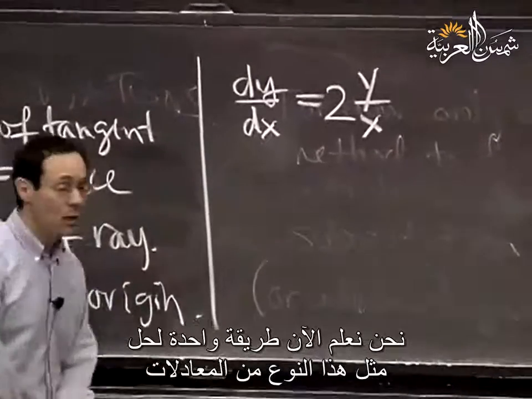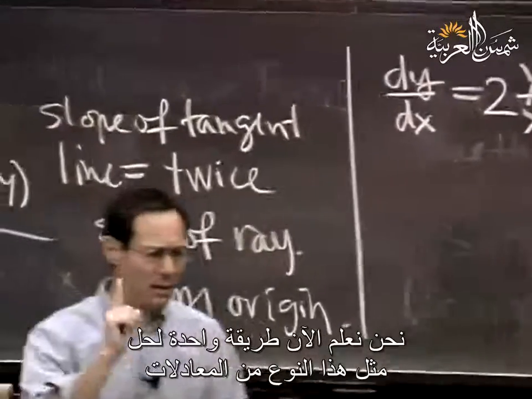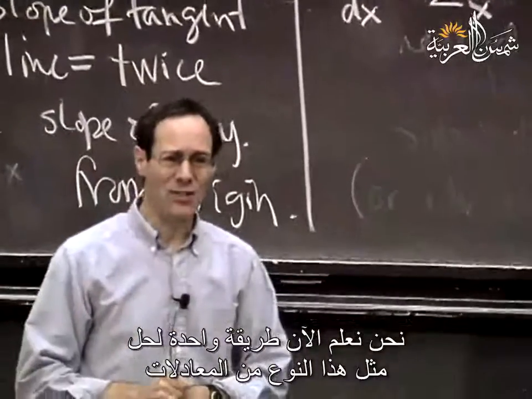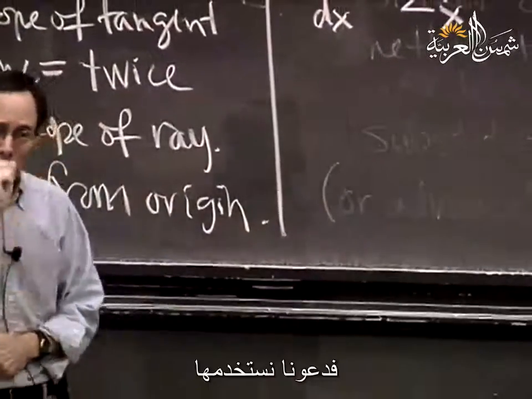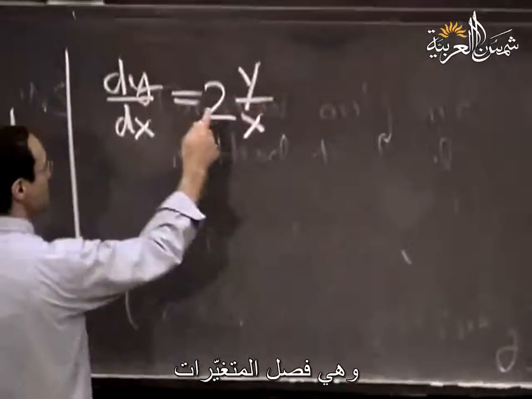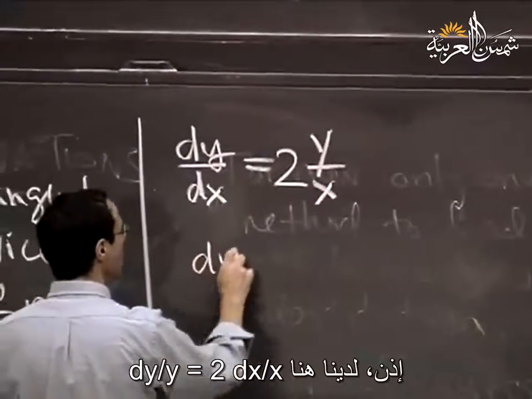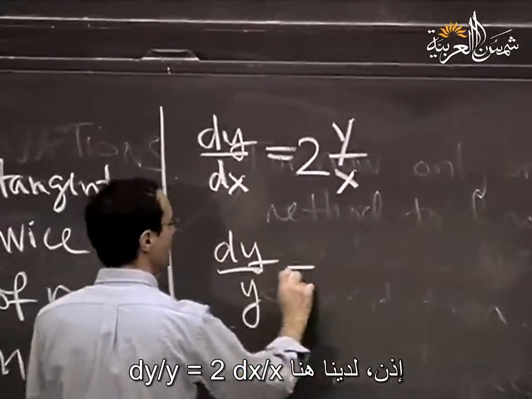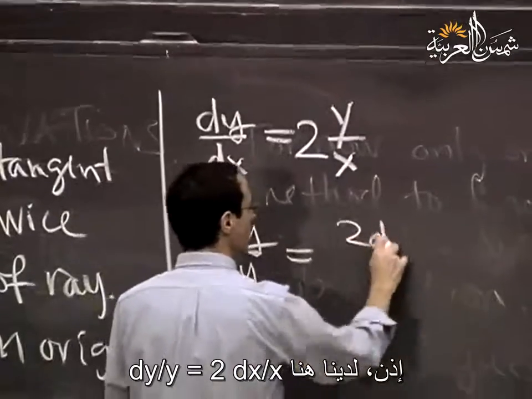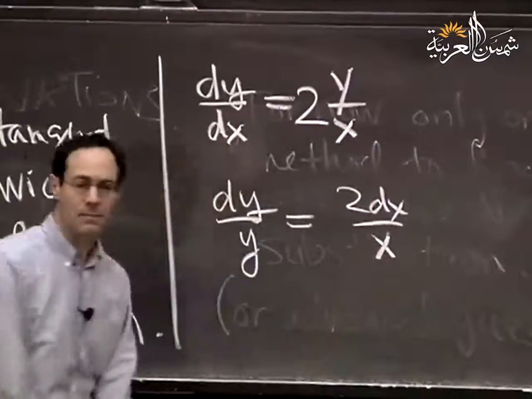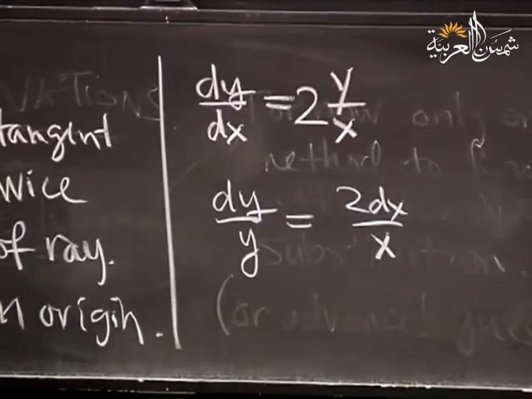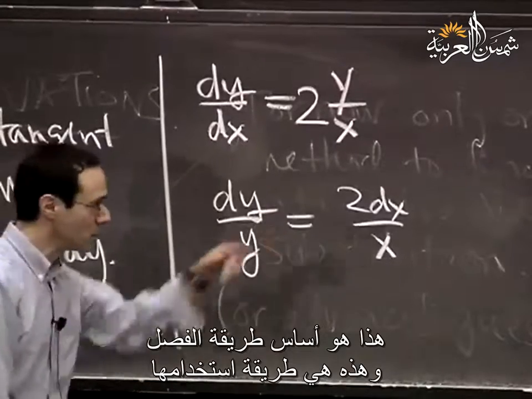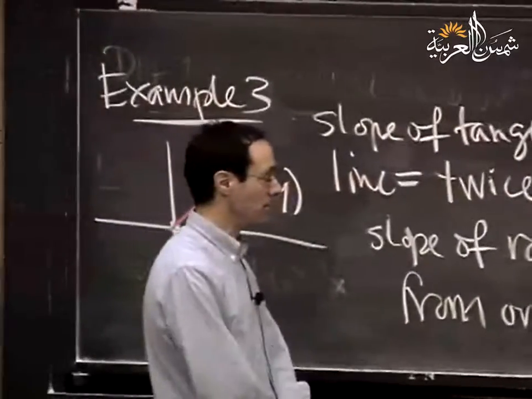Okay, now, we only have one method for solving these equations. So let's use it. It says to separate variables. So I write dy divided by y equal to 2 dx divided by x. That's the basic separation. That's the procedure that we're always going to use.